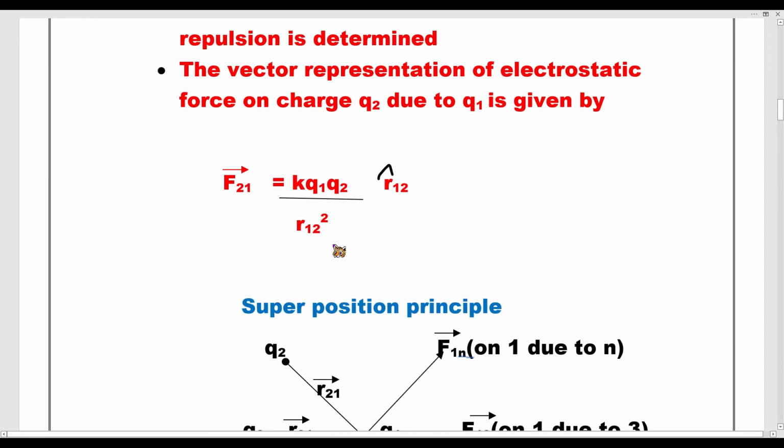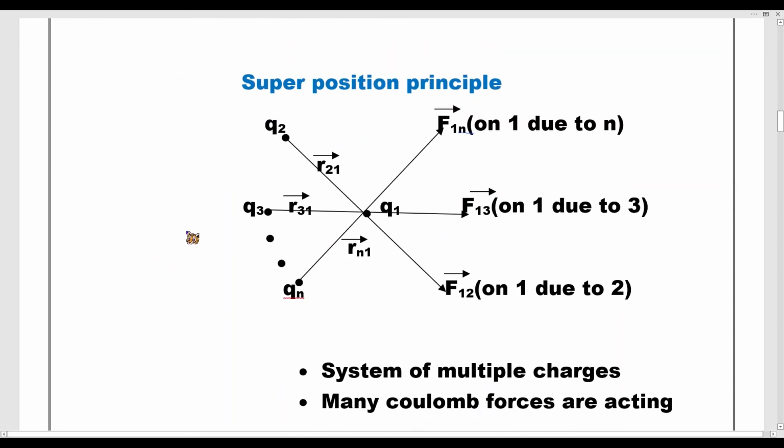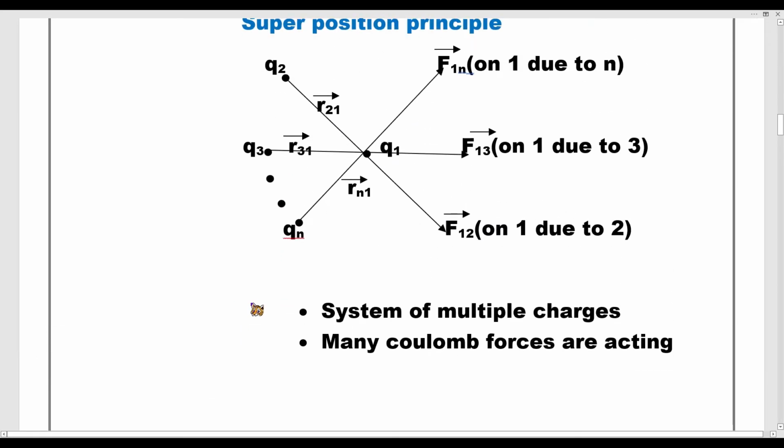Okay. Now, in superposition principle, we consider a system of charges. That is, there are n number of charges. Let the charges be Q1, Q2, Q3 and so on up to Qn. Now, we have to find the force exerted on a particular charge Q1 due to Q2, Q3 and so on up to Qn.